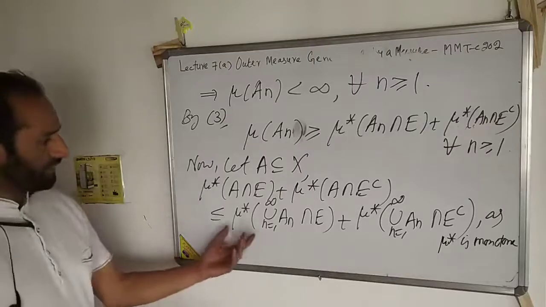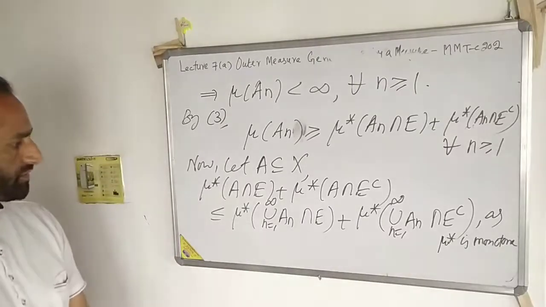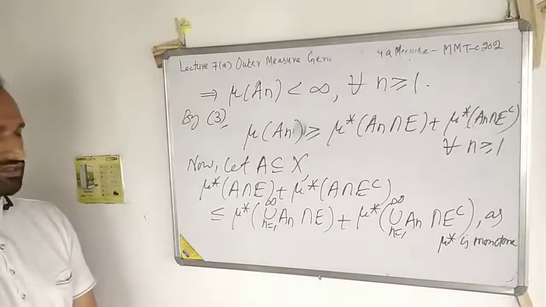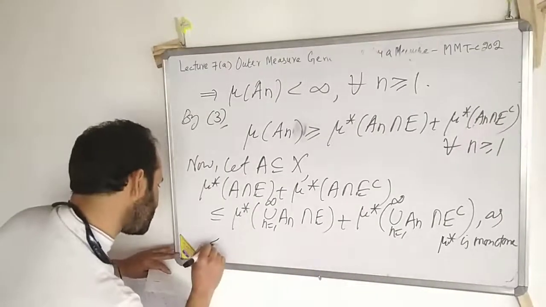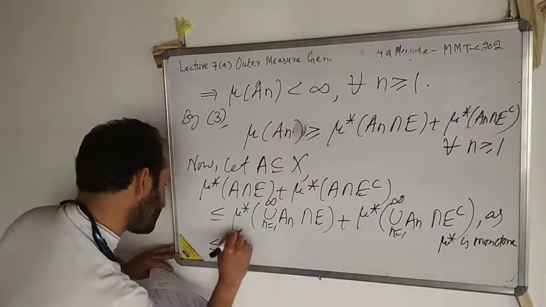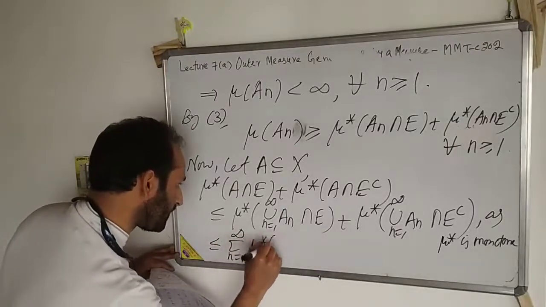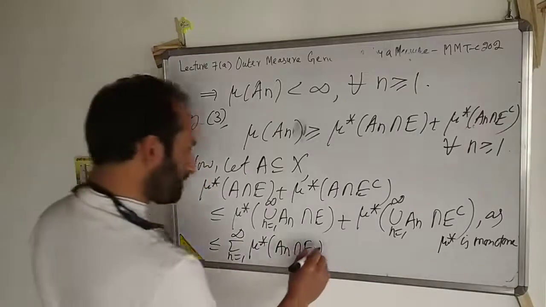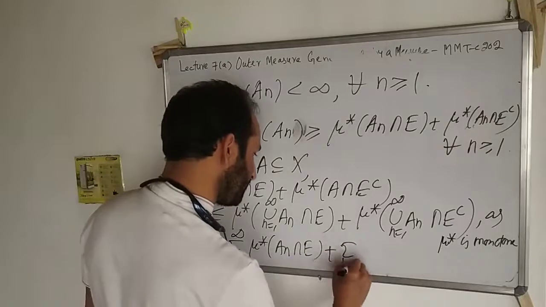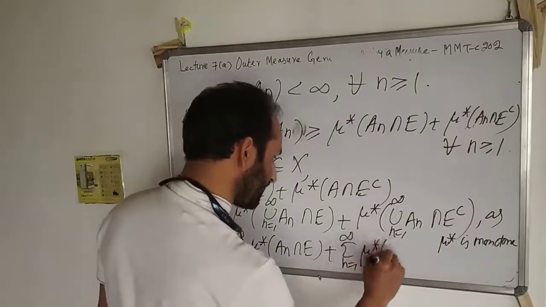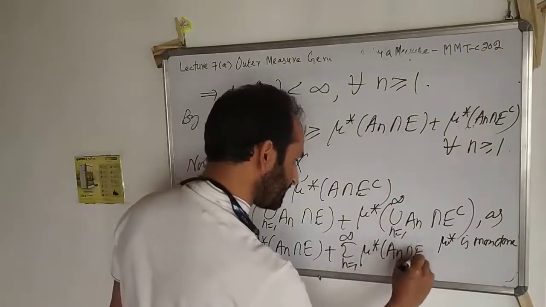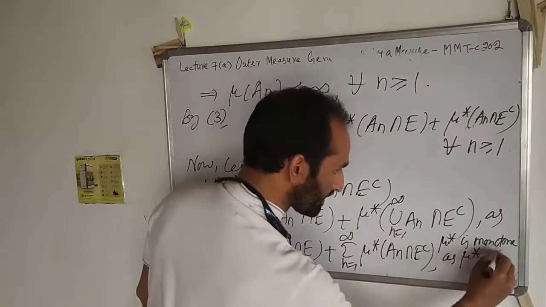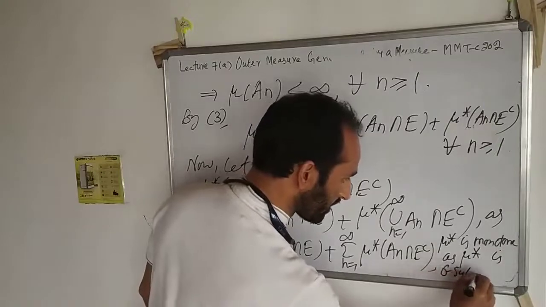Now let's apply the sigma sub-additive property of mu star, because mu star is an outer measure, it is sigma sub-additive, so it will be less or equal to summation n runs from 1 to infinity mu star of An intersection E plus summation n runs from 1 to infinity mu star of An intersection E complement, as mu star is sigma sub-additive.